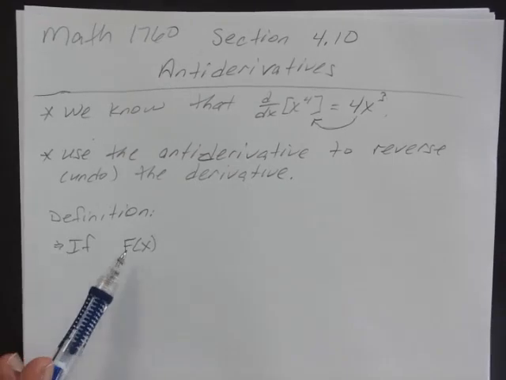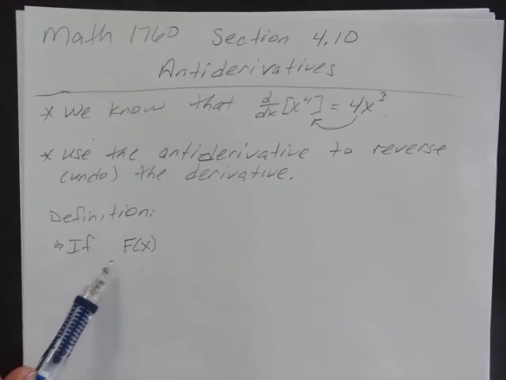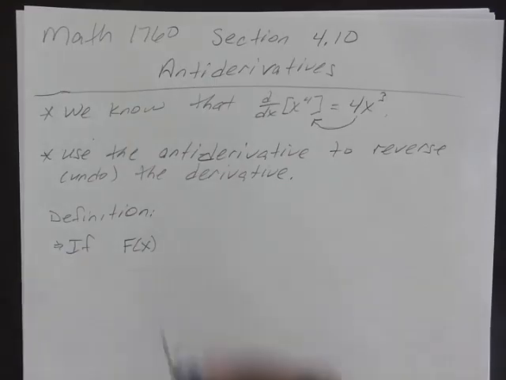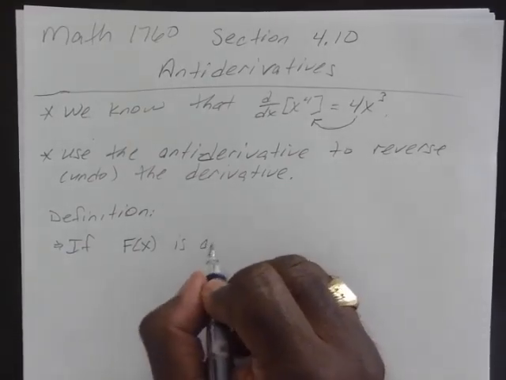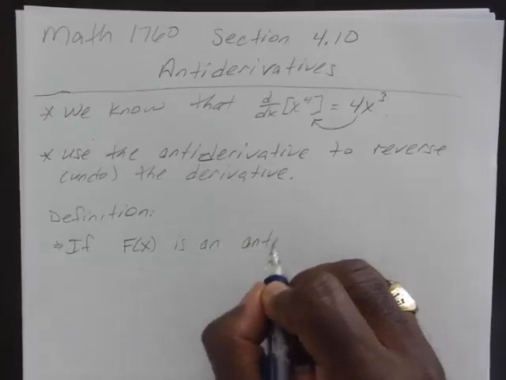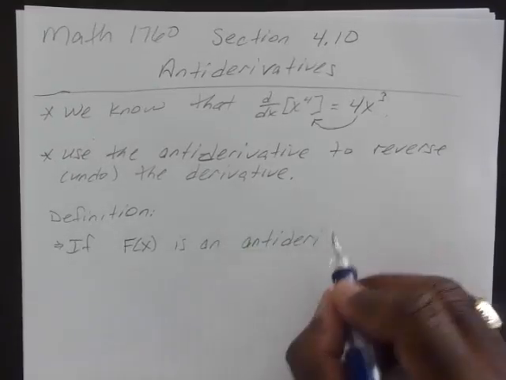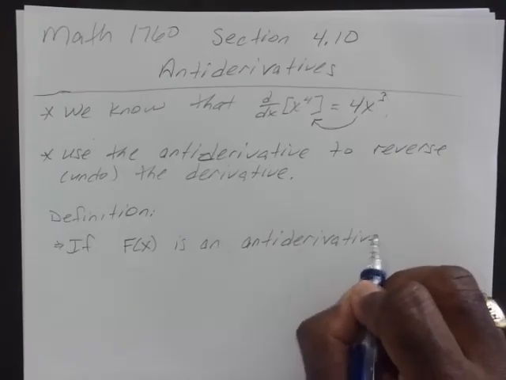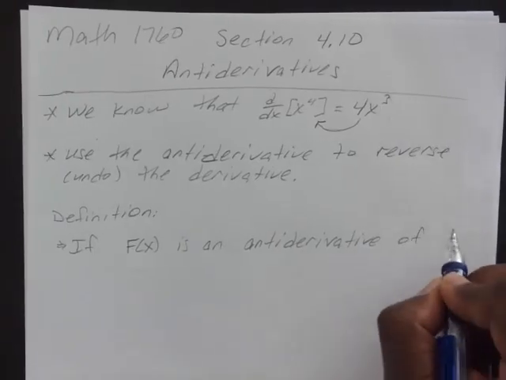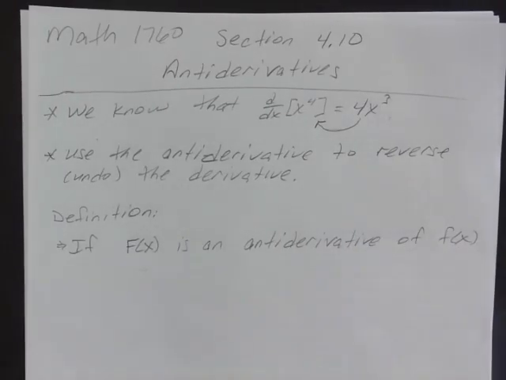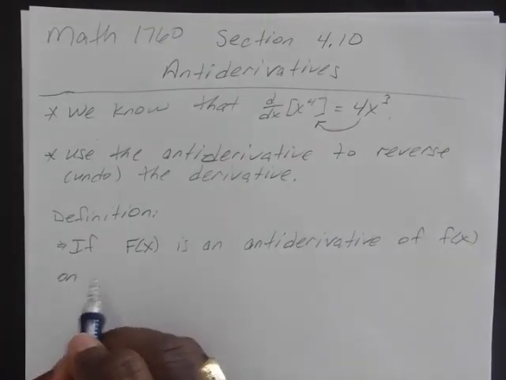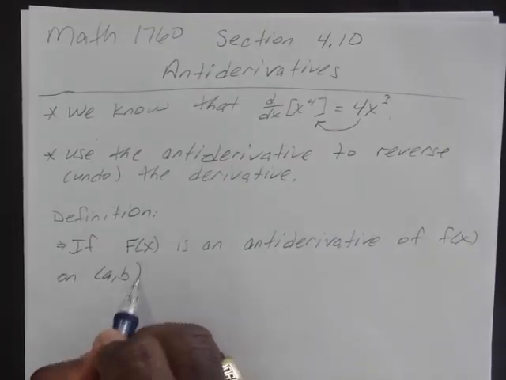Sometimes they will have that as a regular function, but in a lot of cases, they'll use that for your antiderivative. Okay, and it is an antiderivative of the function f of x on some interval from a to b.